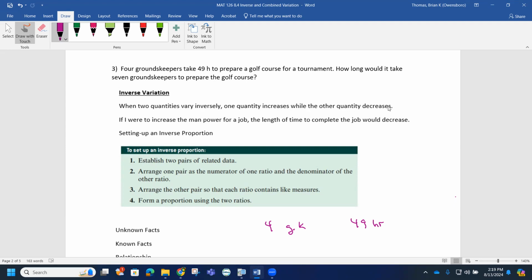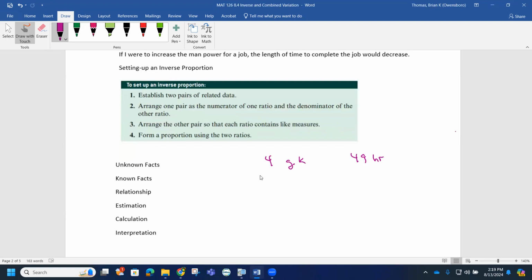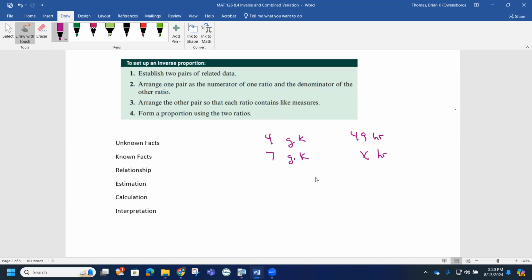And then how long would it take 7 groundskeepers? So we have 7 groundskeepers, but we don't know how many hours it takes them. So that's our related data. So the unknown fact there is how many hours it takes for 7 groundskeepers to complete the preparations.